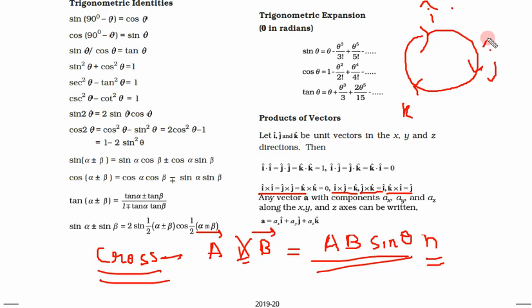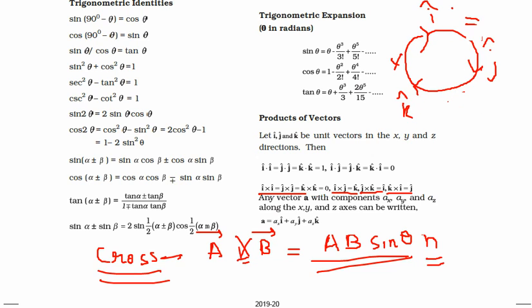This is i, this is j, this is k. So i cross j is equal to k. If we have this in this fashion, j cross k is equal to i. Third, k cross i is equal to j.